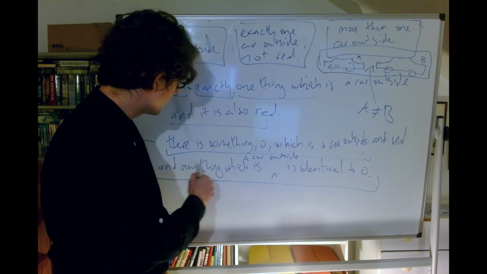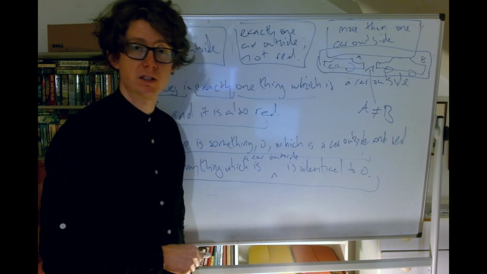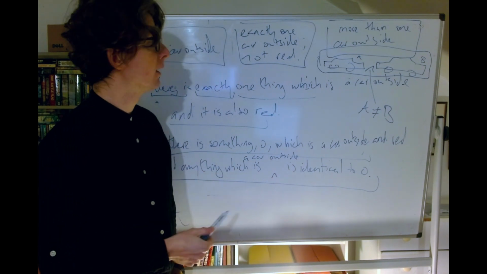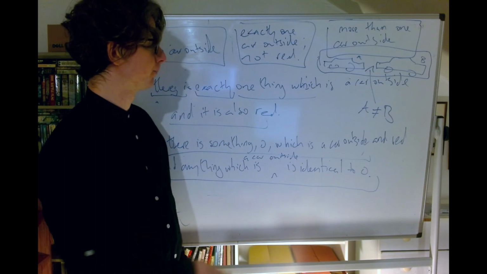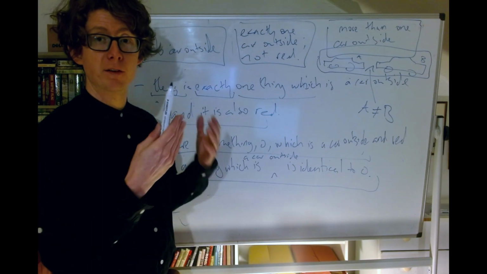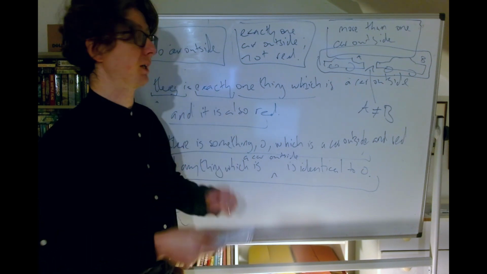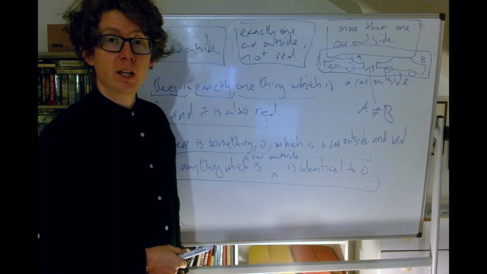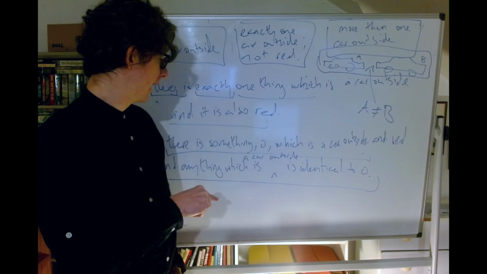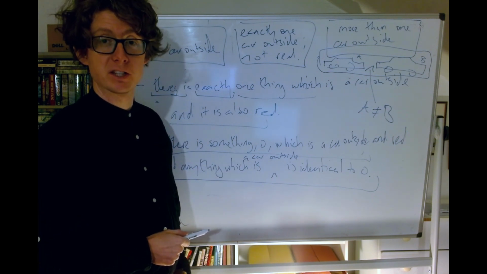And so this is basically why this longer sentence using the notion of identity is a longer, more spelled out way of saying exactly one. Because whenever you have two things which have a certain property, like the property of being a car outside, it's not true of either of them that anything else which has that property is identical to the first one.